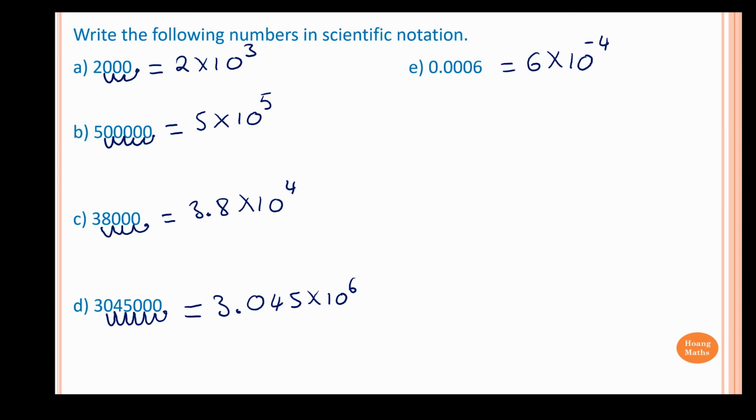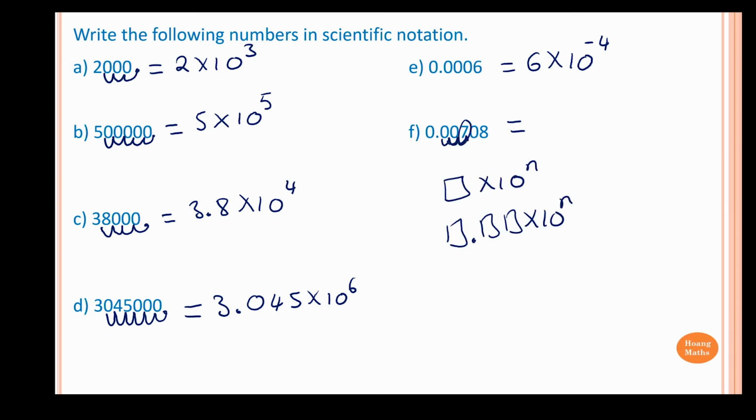F. 0.00708. Again, this is less than 1, right? So the decimal point here, we move 1, 2, 3. So we stop there because we only need one number before the decimal.